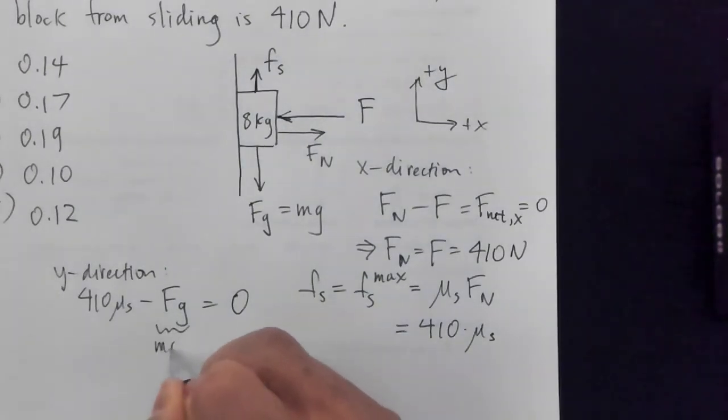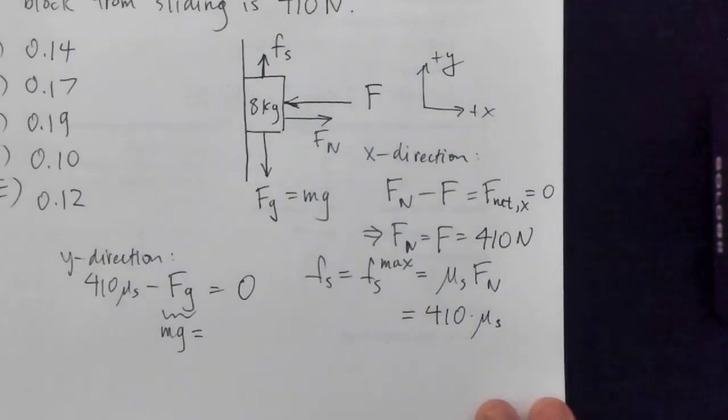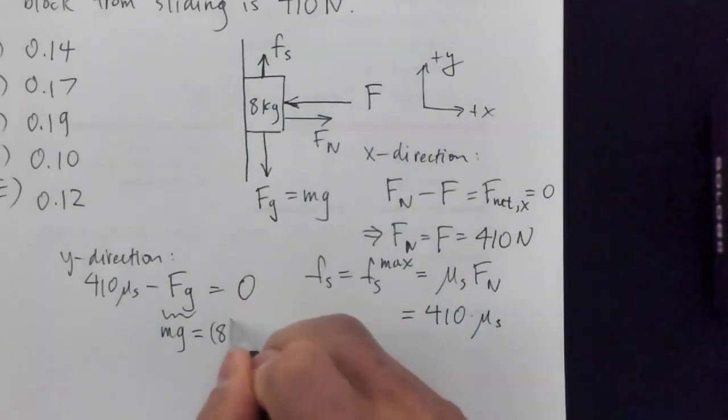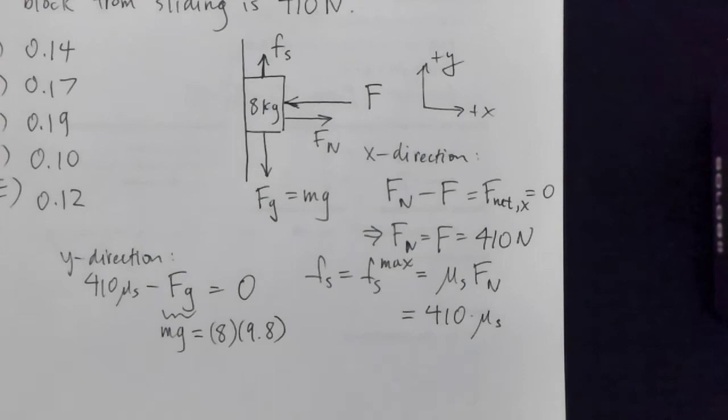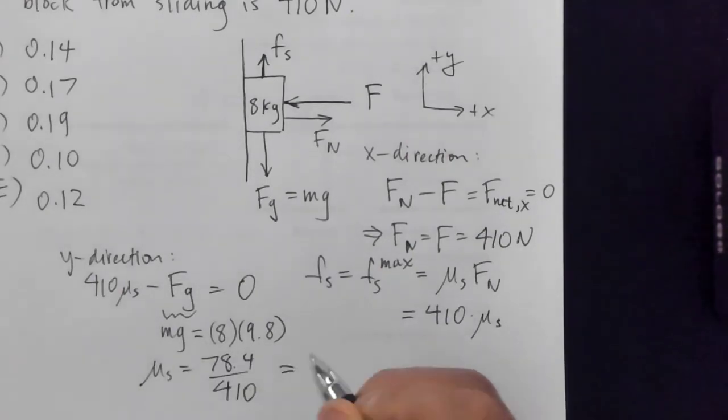Fg is m times g, which is 8 times 9.8, or 78.4. And so US is 78.4 divided by 410, which comes out to about 0.19.